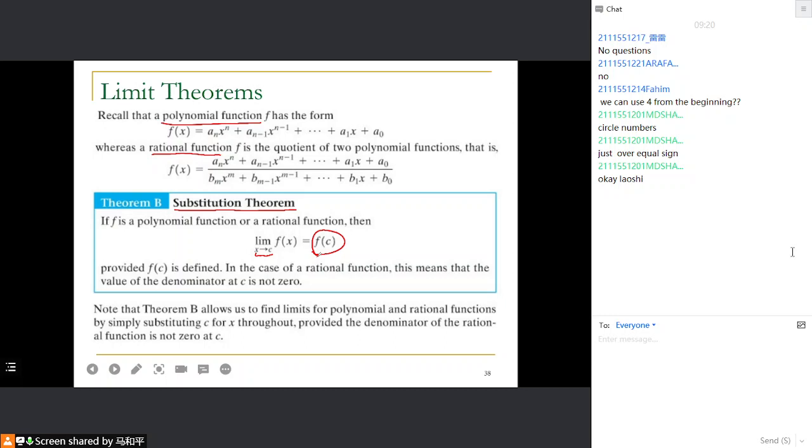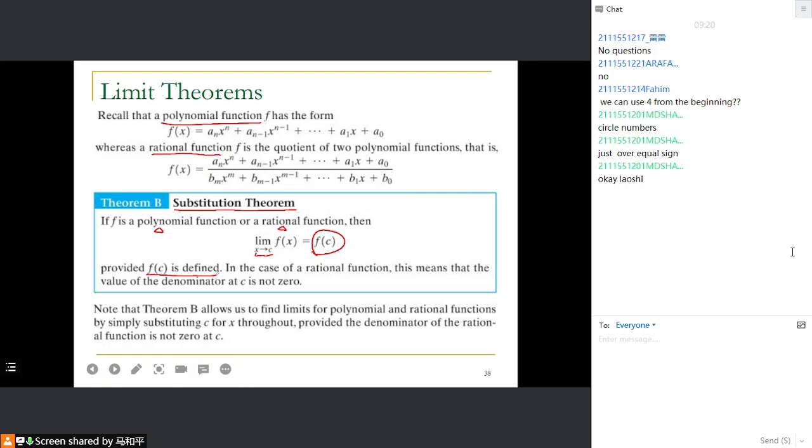But we should remember the condition: if f is a polynomial function or rational function, then we have the substitution theorem, provided f(c) is defined. In the case of a rational function, this means that the value of the denominator at c is not 0. Always remember that.